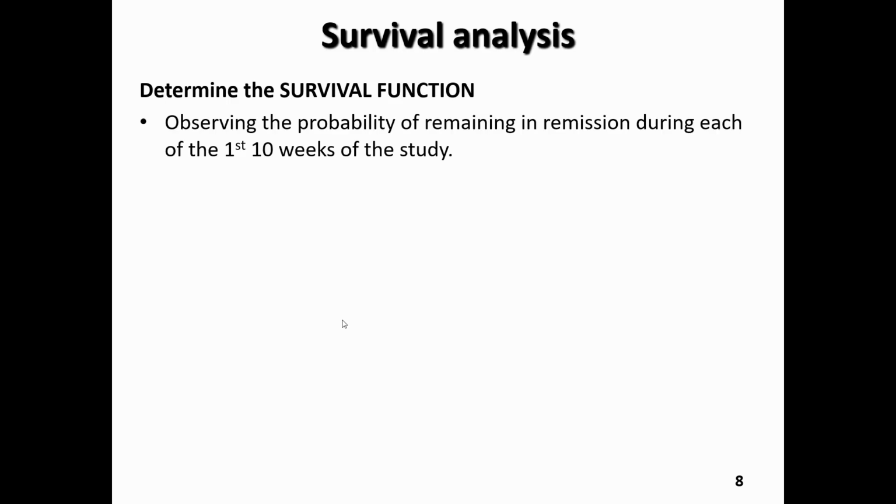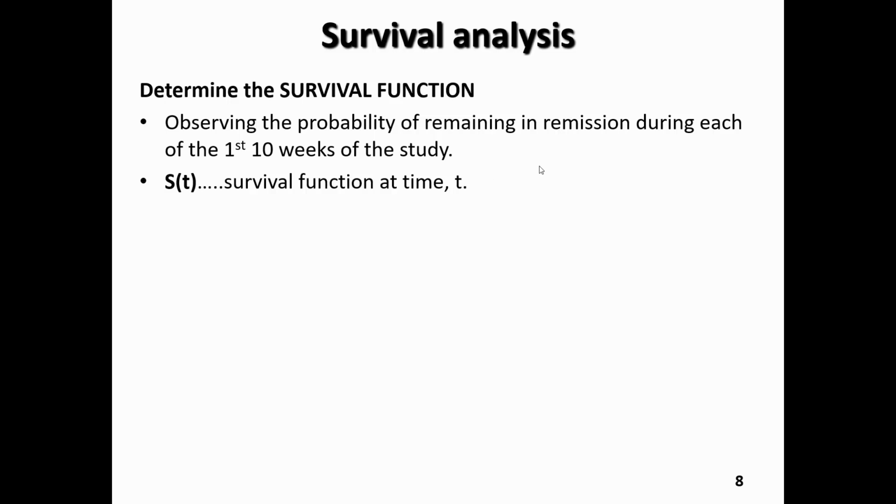So with those data established, the first step is to determine what's called the survival function. The survival function is summarized as uppercase S as a function of t, or the survival as a function of time t.